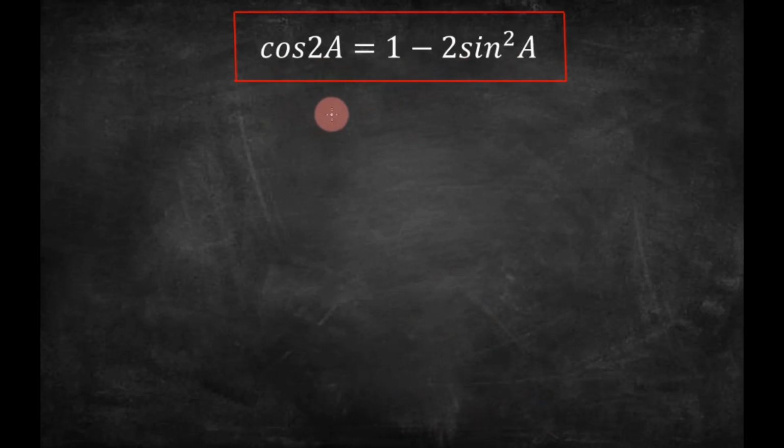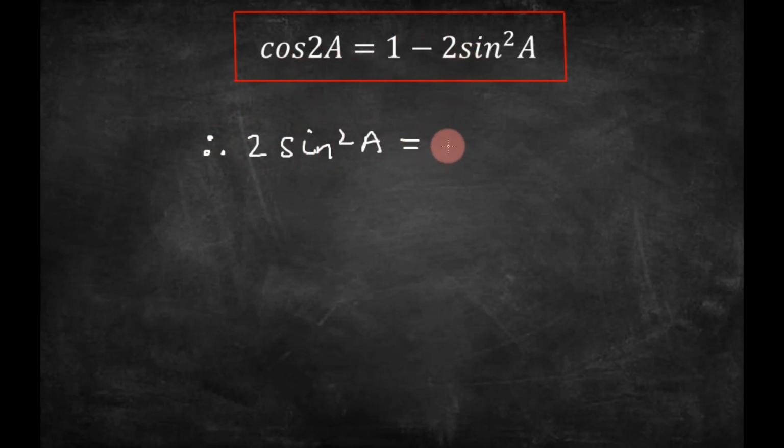Then secondly, we also saw that the cos of 2A can be written as 1 minus twice the sine squared of A. In this case, we want to make sine A the subject of the formula. So we can bring the negative 2 sine squared A to the left-hand side. So it's 2 sine squared of A. And we can take the cos of 2A to the right-hand side.